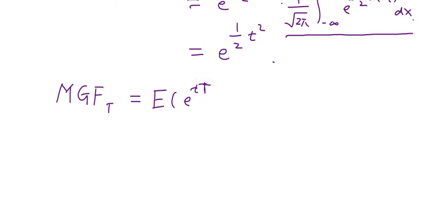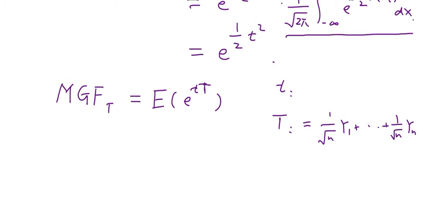Here don't get confused: this lowercase t means variable, this T is the random variable, equal to 1 over root n y1 plus 1 over root n y2, up to yn.